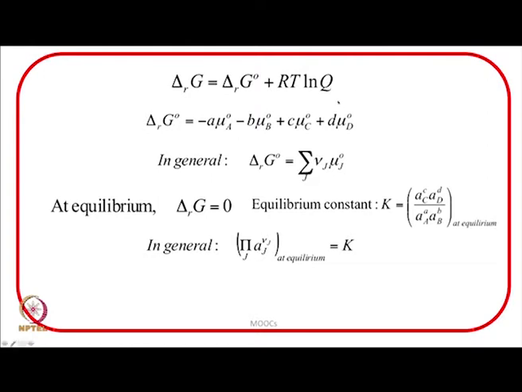In other words, Q at equilibrium is equal to K. So, K will be then activity of C raised to the power C into activity of D raised to the power D divided by activity of A raised to the power A, activity of B raised to the power B, but at equilibrium. And once again, as we expressed for Q, we can also write for K that K in general is equal to pi j into activity of J at equilibrium.